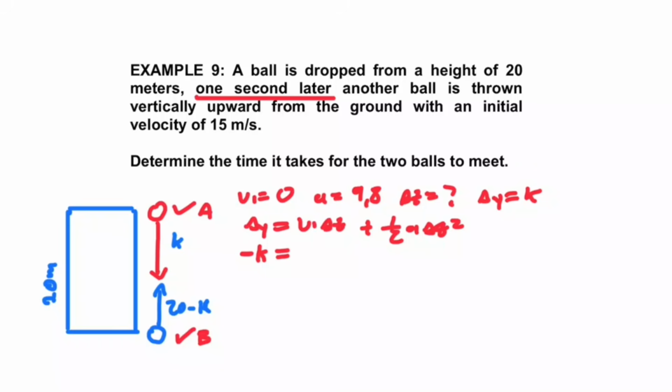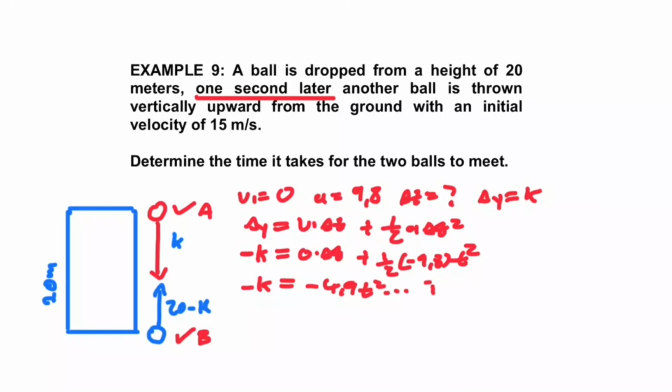So minus k is equal to vi, which is 0 multiplied by delta t, plus a half. The acceleration is minus 9.8 t squared. Let's just use t squared instead of delta t. We're going to have minus k equal to minus 4.9 t squared. We have two variables, k and t. We call this equation 1.